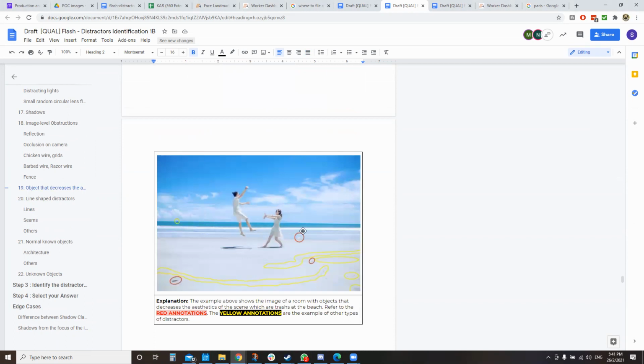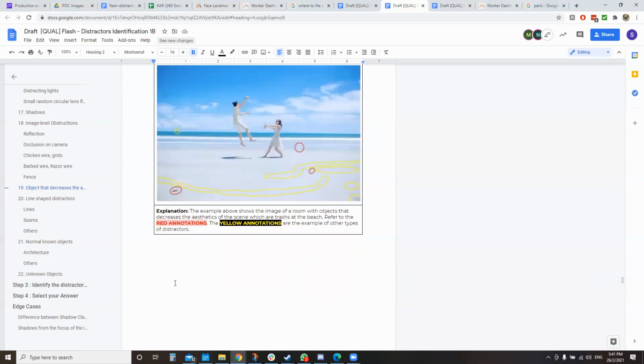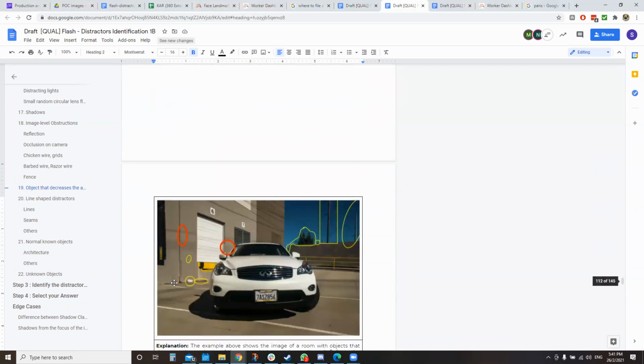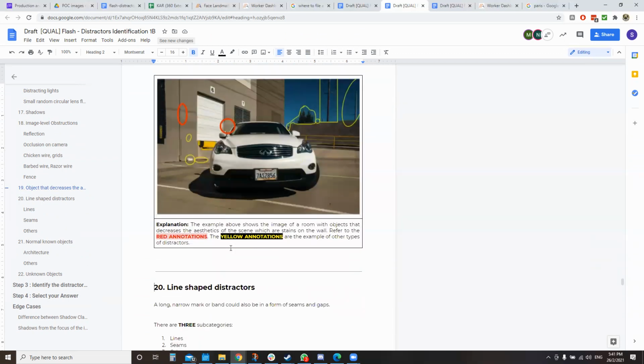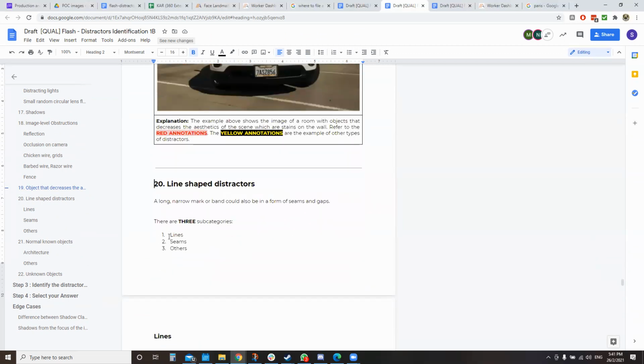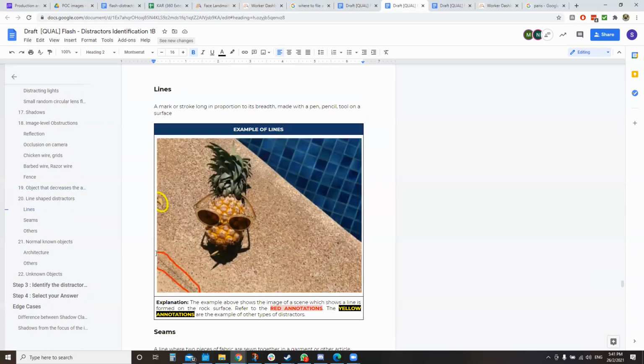And then here, all these unknown objects that decrease the aesthetic. Same for this. Here we have line, seams, and others. So any cracks that you see that is right. Again, be cautious.